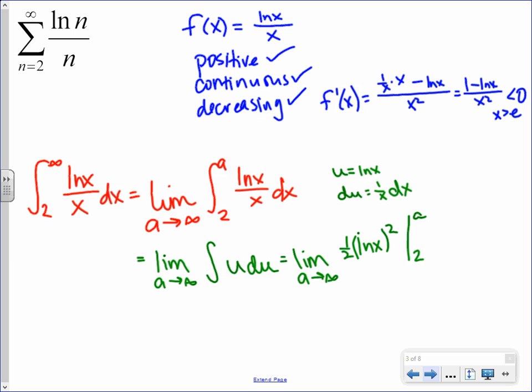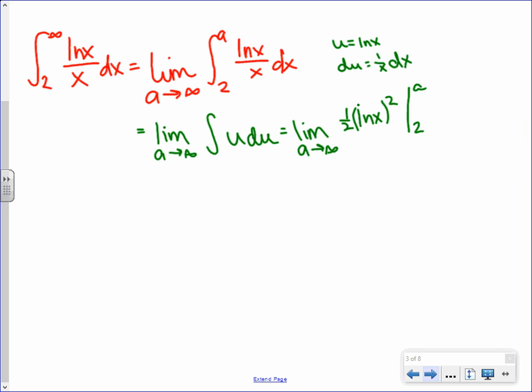Technically, when I have u du, my limits are not 2 to a, but I would prefer not to change the limits of integration and get all screwy, so I changed it back to x. If you want to change your limits of integration to natural log of 2 to natural log of a, you go for it. So now we have the limit as a approaches infinity of 1/2 natural log of a squared minus 1/2 natural log of 2 squared.